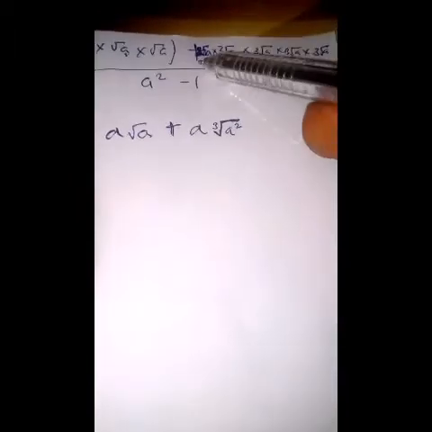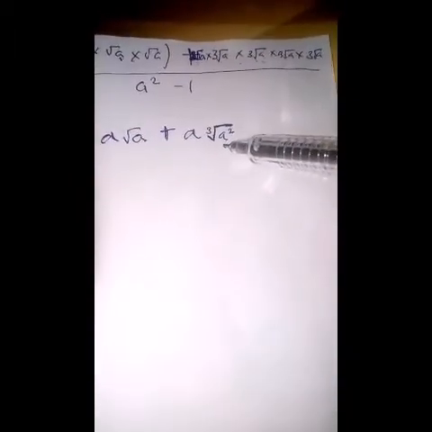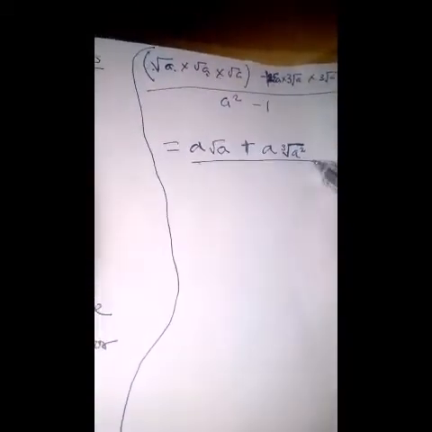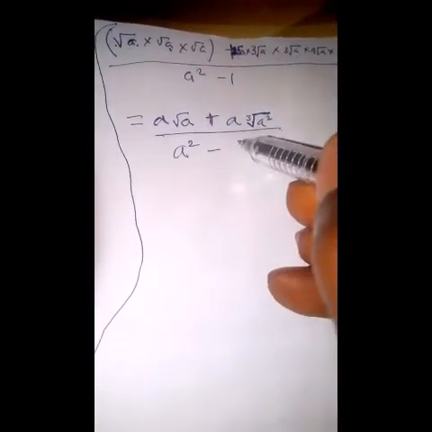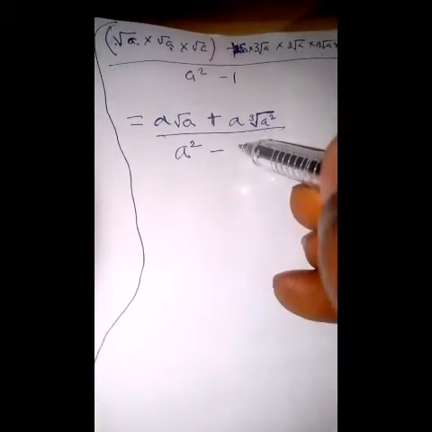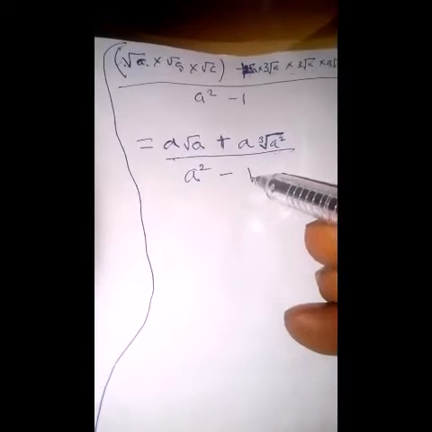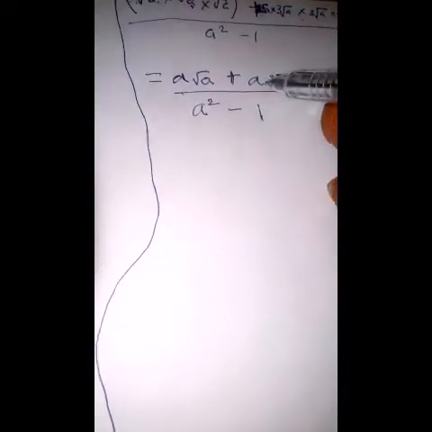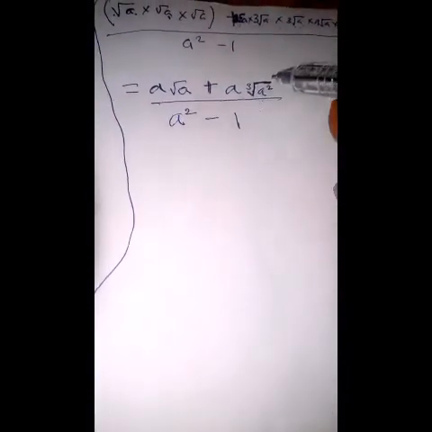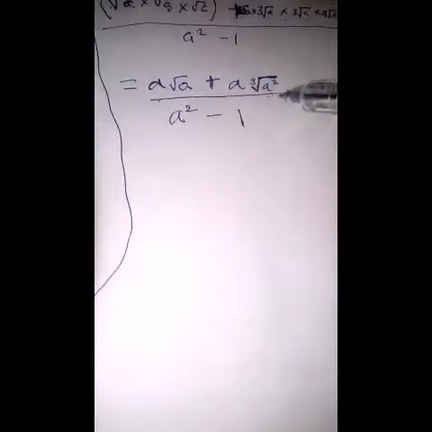So when you multiply this, you're going to have a cube root of a square. Then over what you still have there, a square minus 1. So you get a root of a plus a cube root of a square all over this.